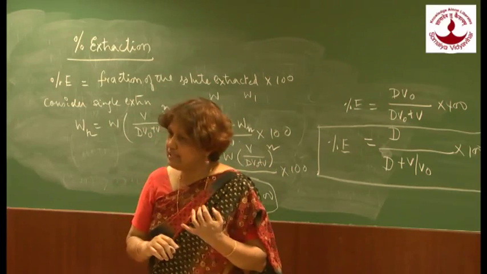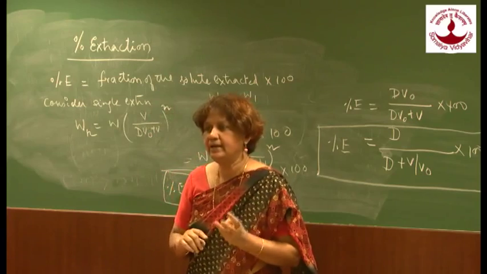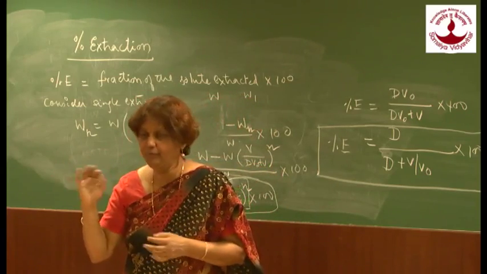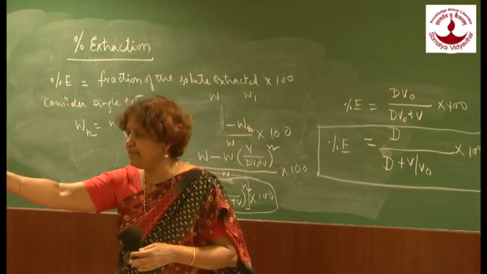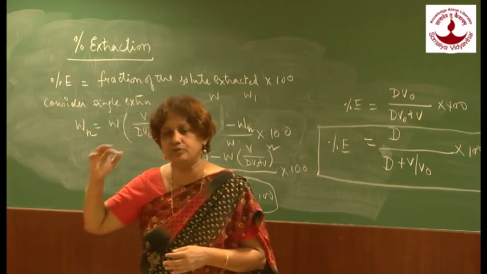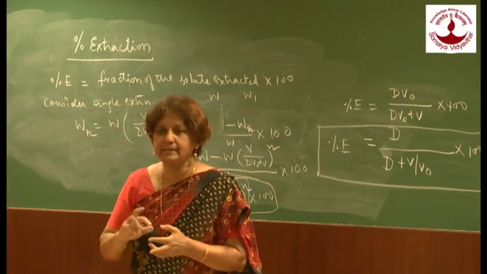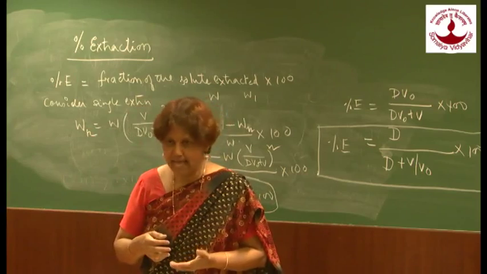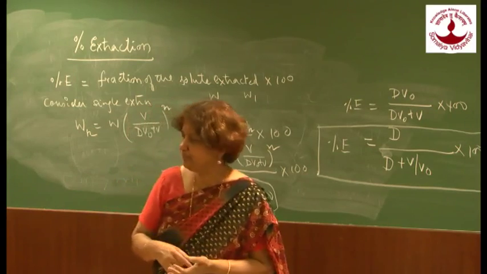D will be constant only if the temperature is constant and the solvent is the same. If you change the solvent, like for example here we use ethyl acetate, suppose we use some other ketone, maybe the D value will not be the same. D value will change as per the solvent which is chosen.